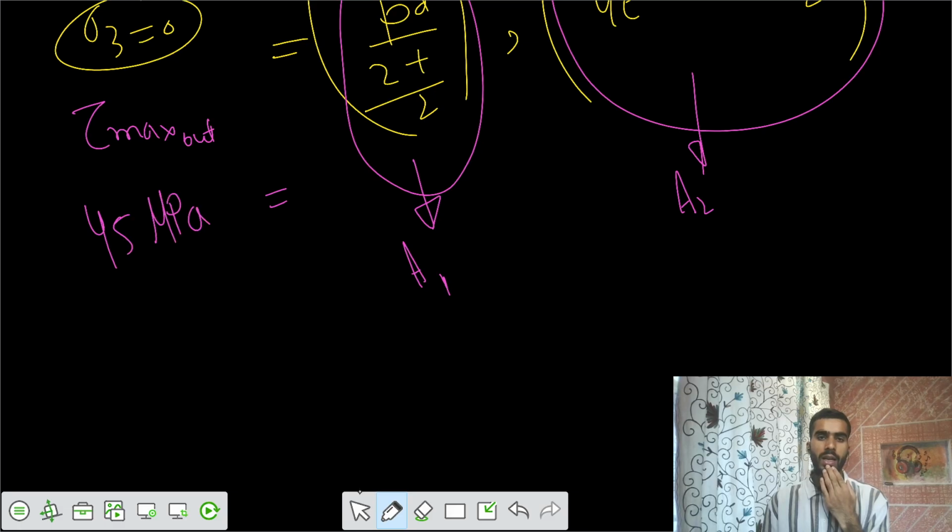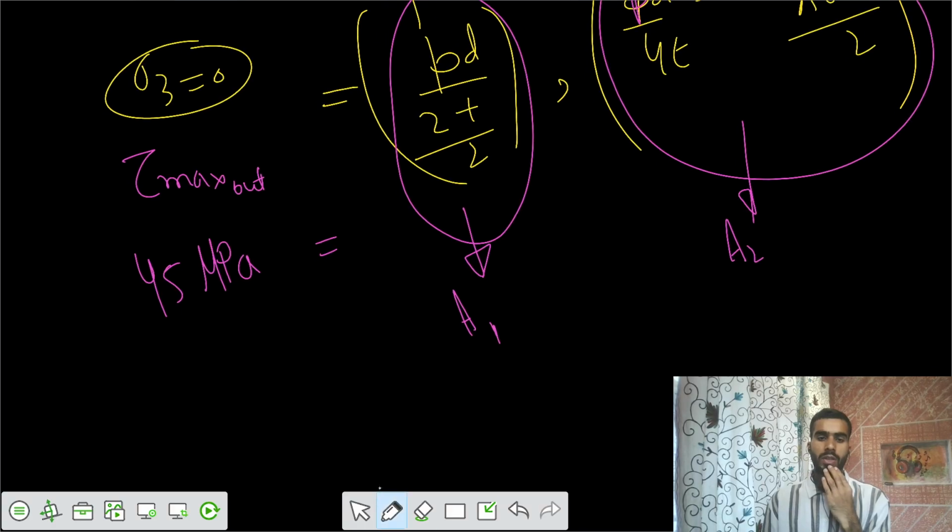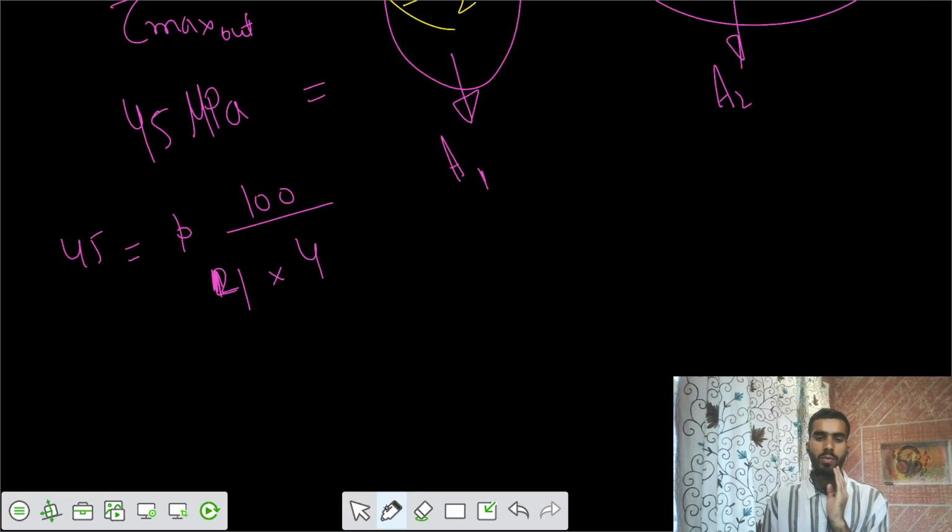Corresponding to A1, I will write 45 megapascal equals P times diameter, which was 100, over 2 times, or we can say 4 times thickness. So I can get the pressure value of P equals 7.2 megapascal.